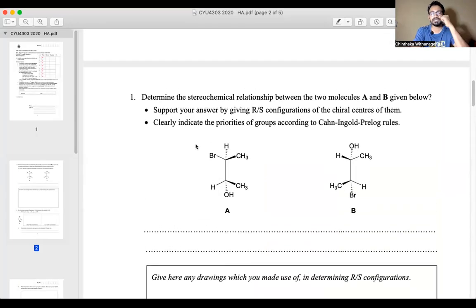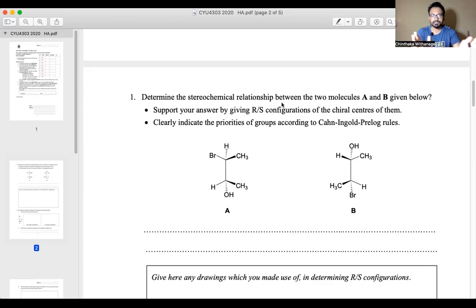Right. In the first one they are asking: determine the stereochemical relationship between the two molecules A and B given below. Support your answer by giving the RS configuration of the chiral centers of them and clearly indicate the prioritizing of groups according to Cahn-Ingold-Prelog rules. So you can see they are asking what the stereochemical relationship is.